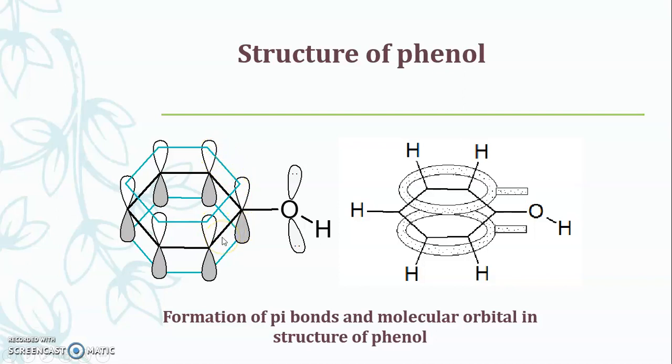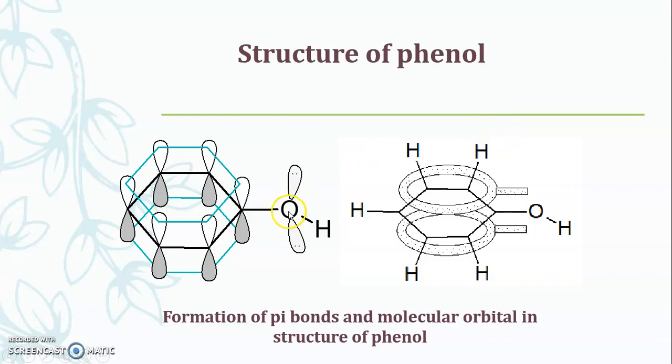In these pi bonds, one lobe lies above the plane of the sigma bond and one lies below it, due to which the pi bonds cover the carbon atoms present in the structure of the phenol.